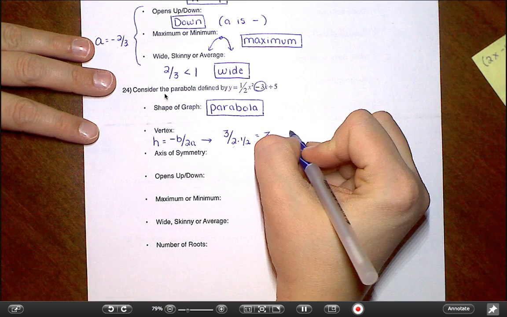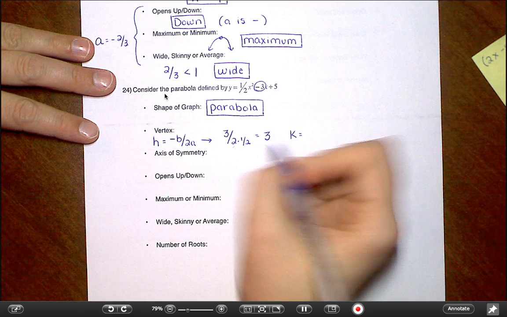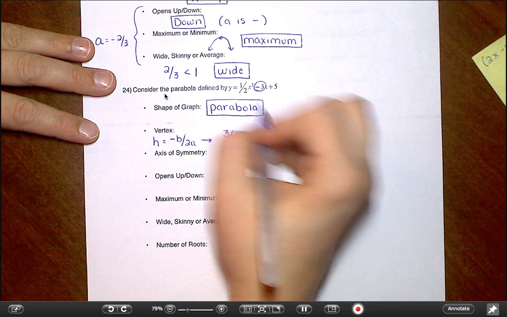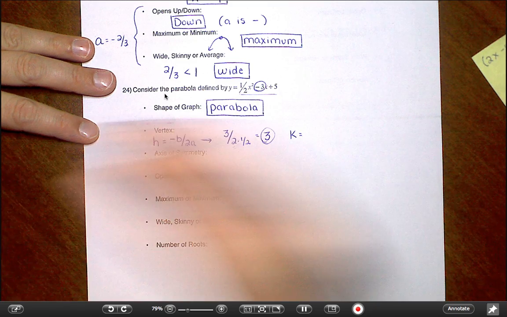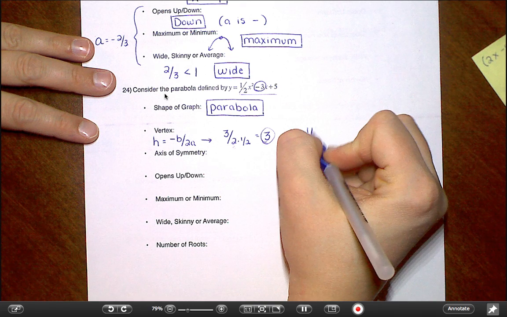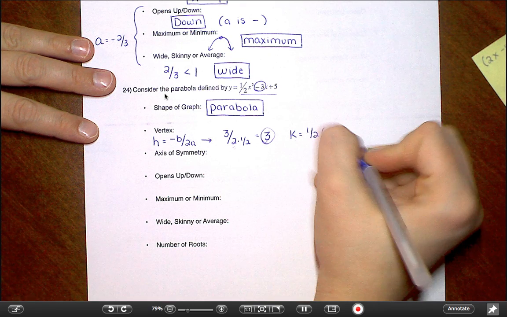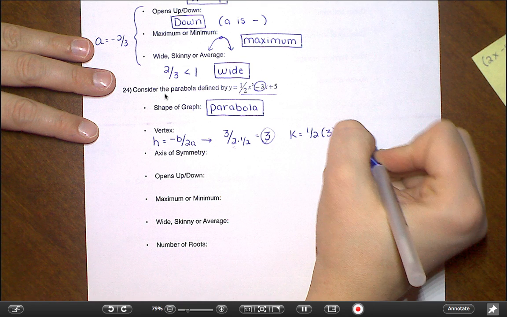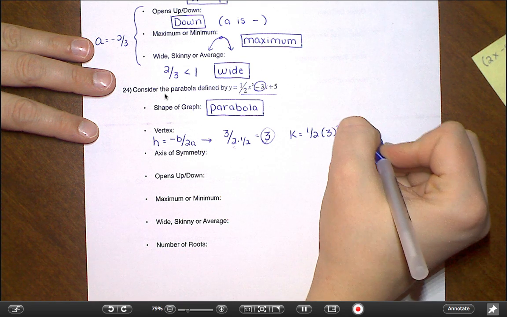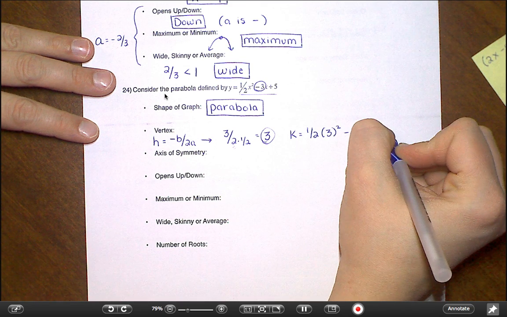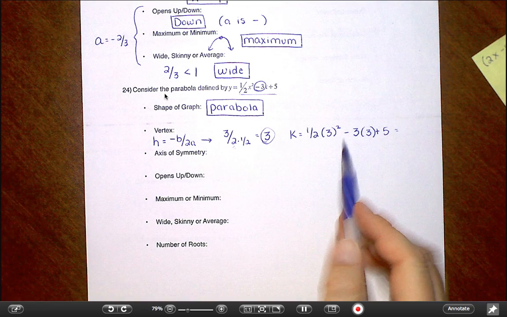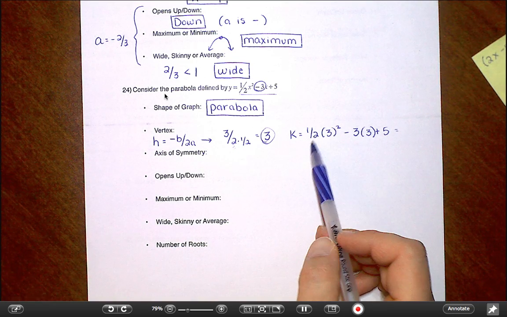Then to find my k value, I'm going to take this 3 and plug it back into the equation up here. So I'm going to do 1/2 times 3 squared minus 3 times 3, plus 5. Let's see, that's going to be negative 4.5.